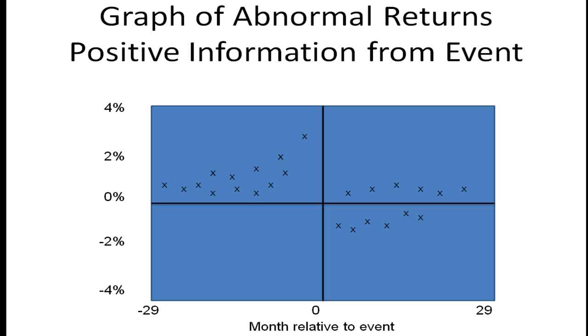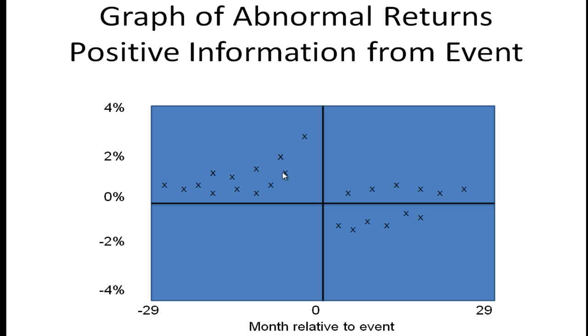Now, if there's positive information from the event, you would expect to find some returns that are above this before time period 0. So the market is anticipating that Apple will have good earnings announcements.